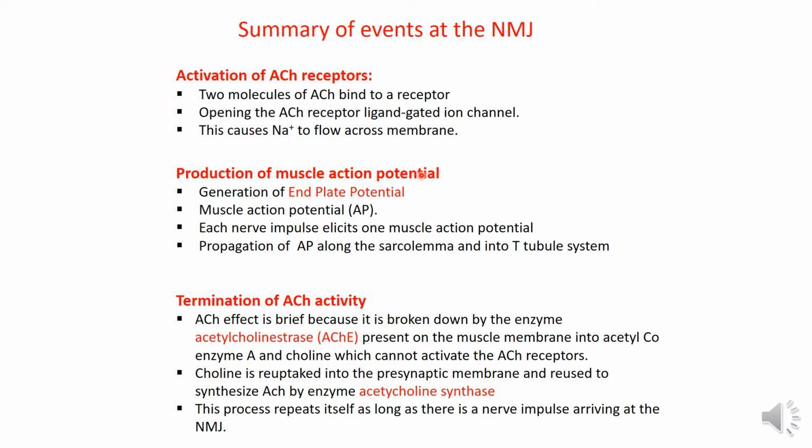Number 2, production of the muscle action potential. Generation of the end plate potential, and when this end plate potential reaches the firing level, it generates a muscle action potential, which spreads along the muscle surface, along the sarcolemma, until it reaches the T-tubules.